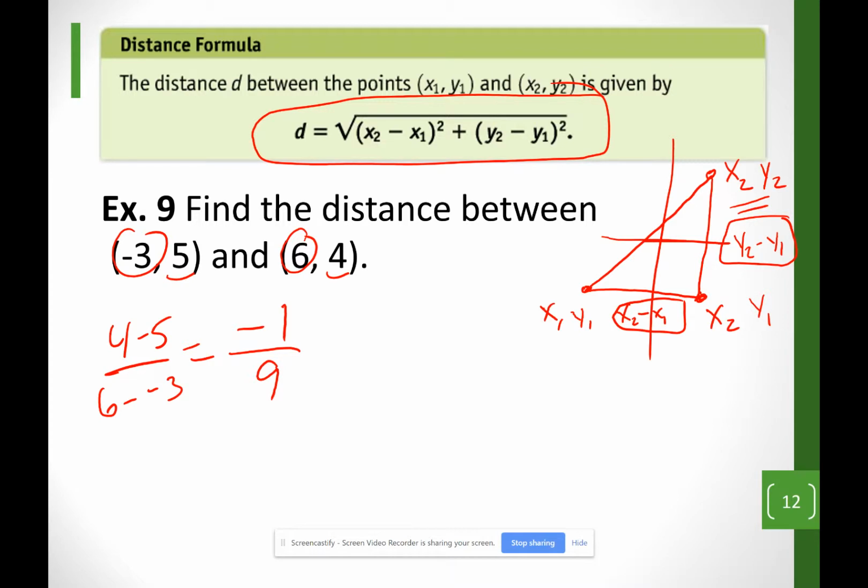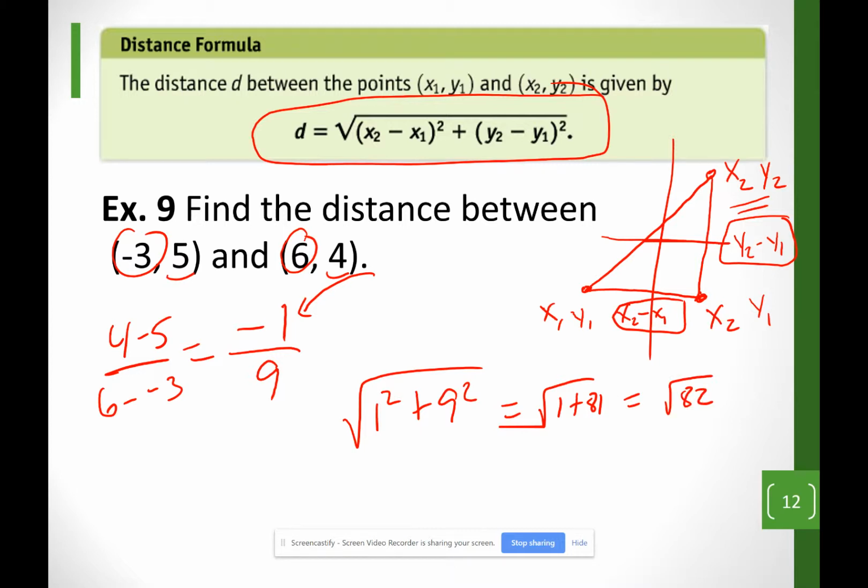Now, I'm just going to do the square root of 1 squared plus 9 squared. I have a -1, but since I'm going to square it, the square is going to make it positive. So I have the square root of 1 plus 81, which is better known as the square root of 82. I cannot simplify, so that's going to be it.